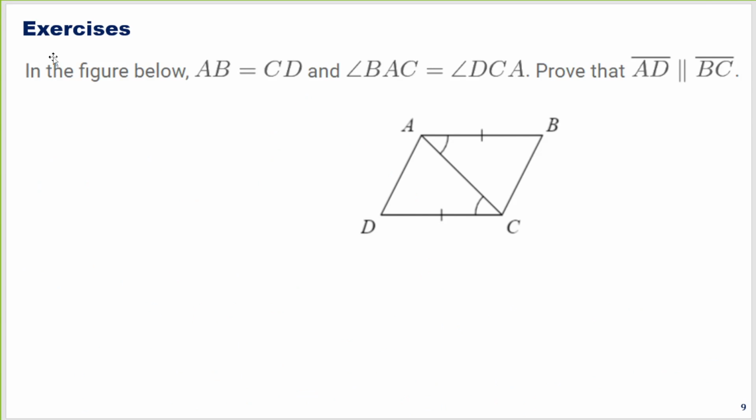Okay, then let's use this testing theorem to do some exercises. In the figure below, given AB equals CD, two segments are equal, and angle BAC equals angle DCA. Can you prove these two line segments, AD and BC, are parallel?